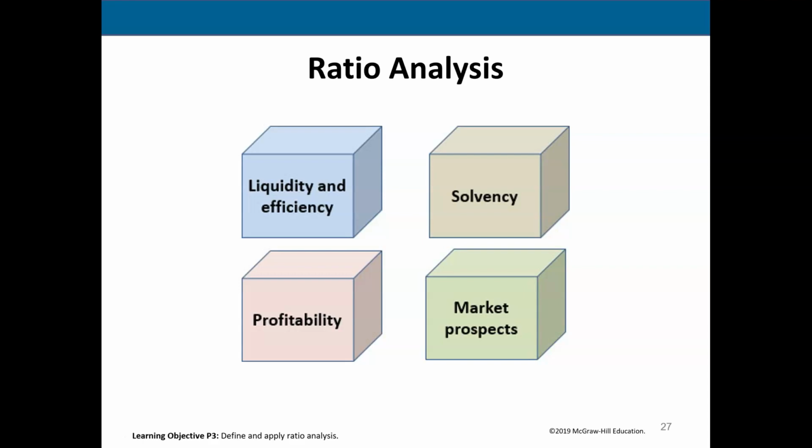And then the last one is market prospects. You compare publicly traded companies, their stock prices, with other financial measures like earnings and dividend rates, and you analyze the stock dividends and the future market value. And this helps decide which company you may want to invest in.